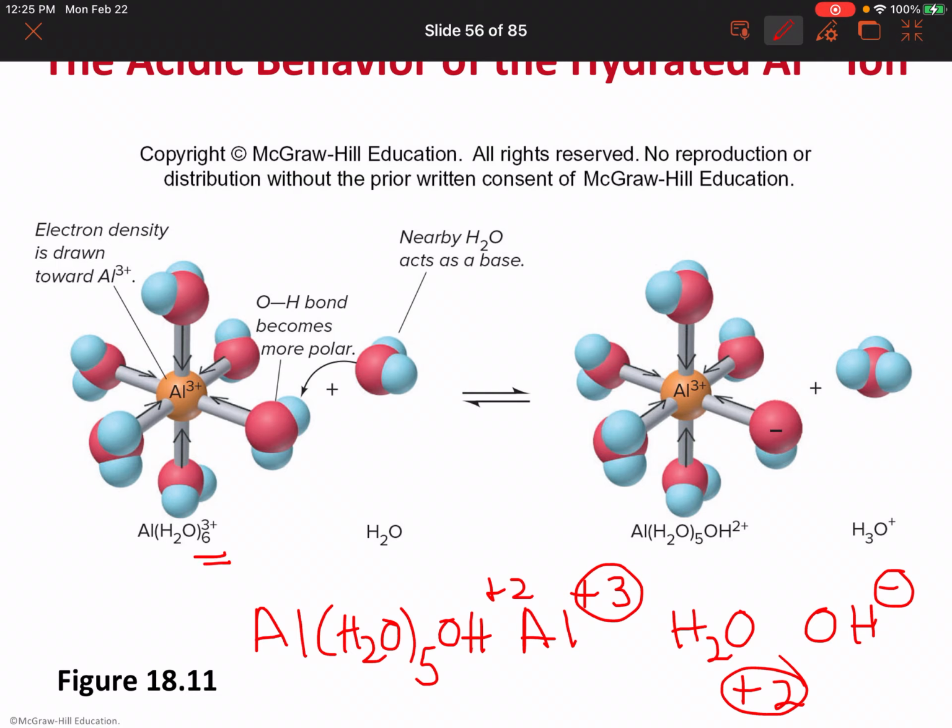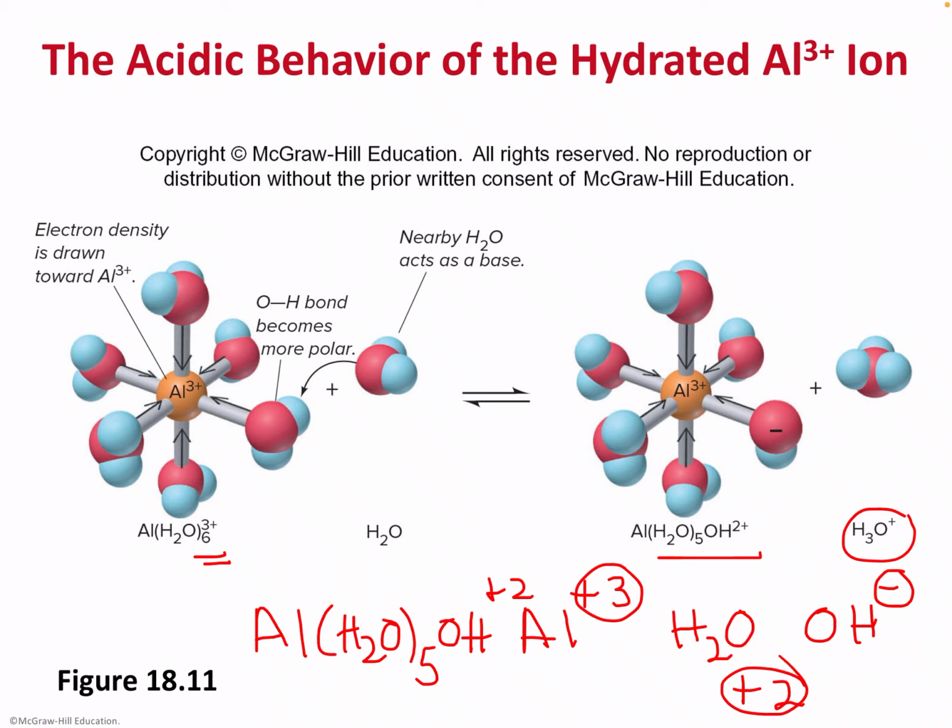Here it is plus 3 because all of the water molecules are neutral. So that's why you get a plus 2 charge here and a hydronium ion, making the medium acidic. So that is the acid behavior of the hydrated aluminum ion, it generates an acidic medium.